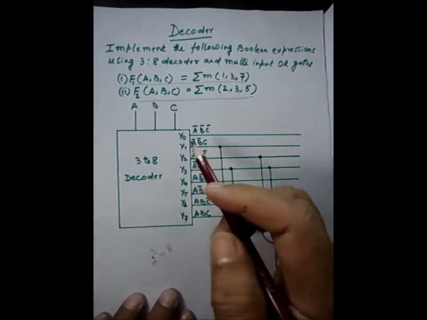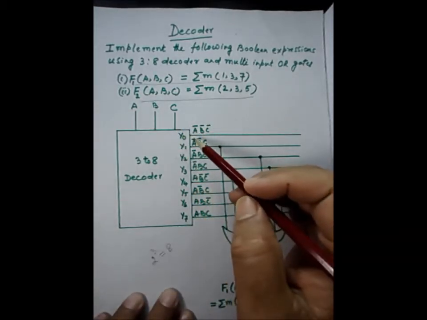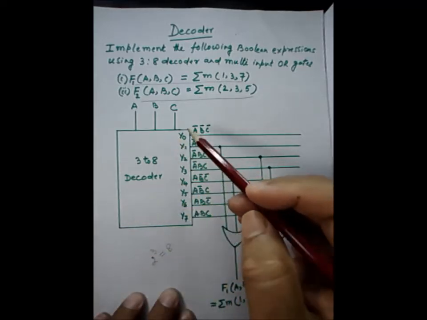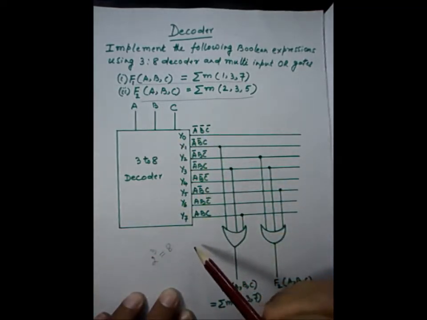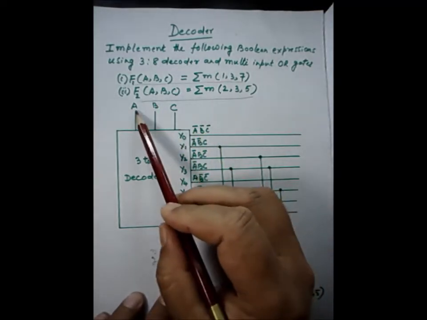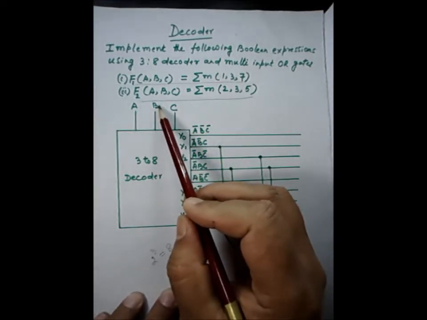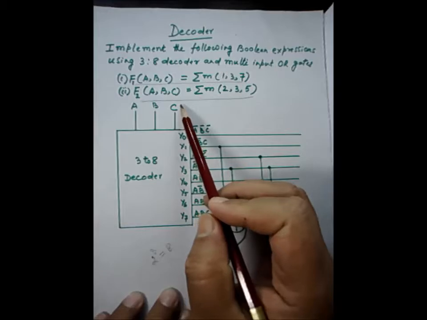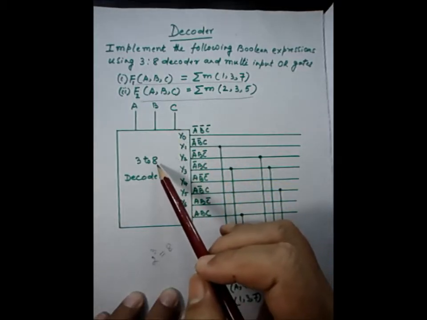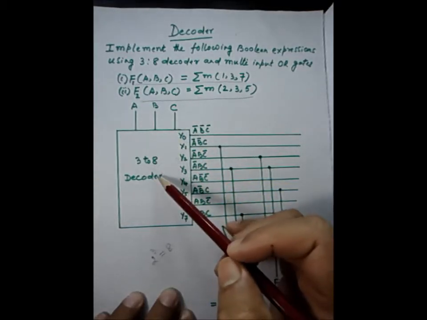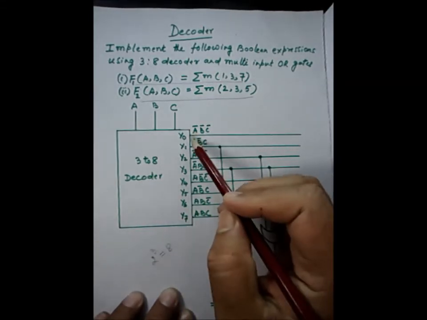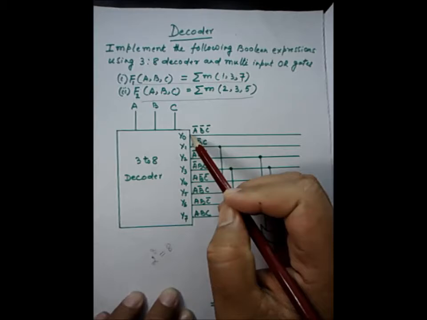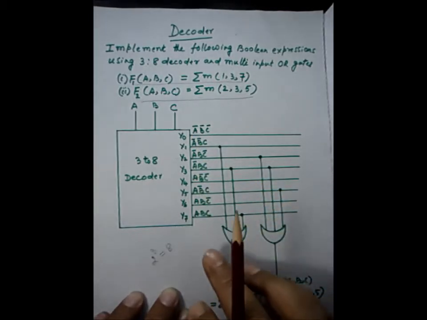Therefore, one of them will become low, and the remaining all of them will become high. As for example, if A equal to 0, B equal to 0 and C equal to 0, in the circuit I discussed from the definition of the decoder, Y0 will be high and the remaining will be low.